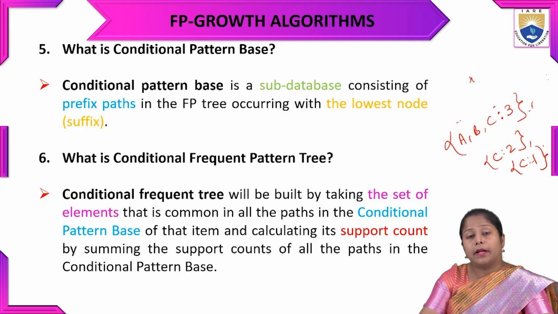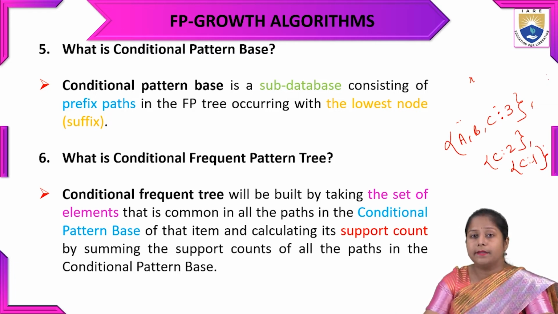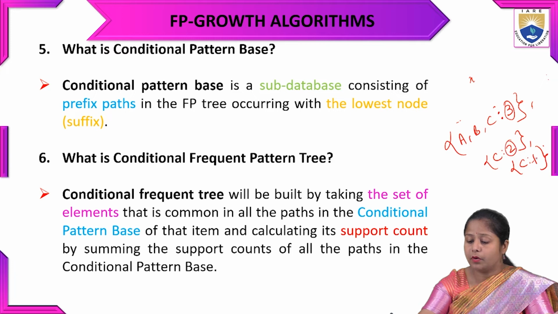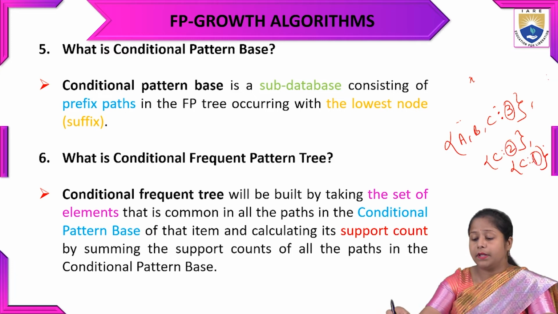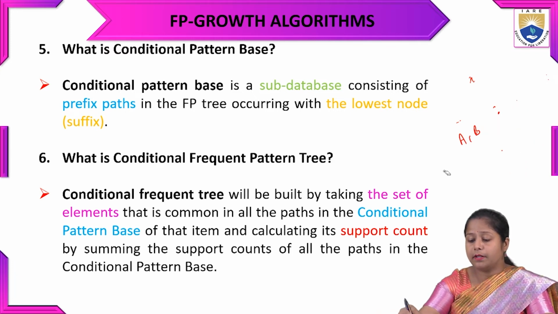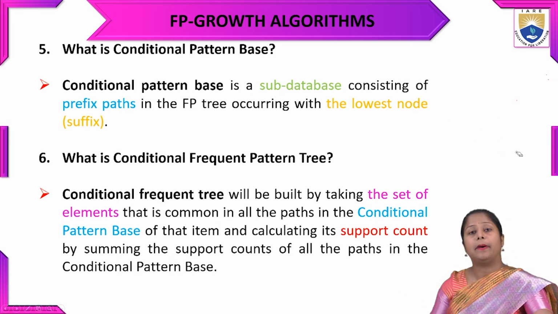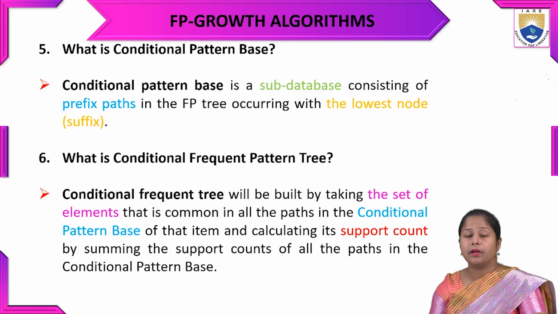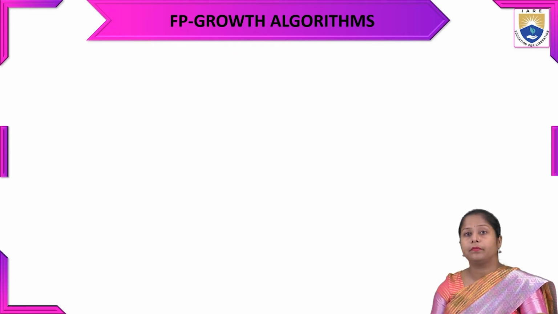That will be the conditional pattern base. We calculate the support count of that particular combination, the path. For one item, the number of paths to reach it, and the support count tells us how many times it has occurred.